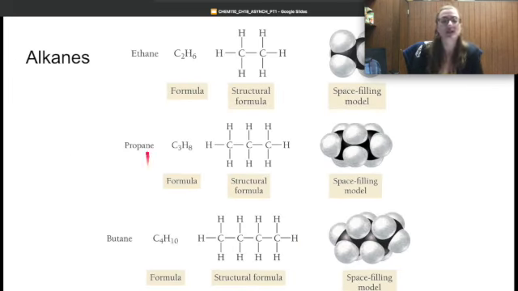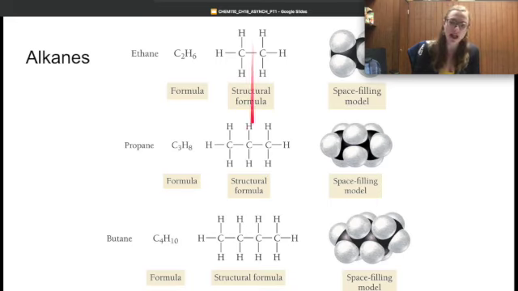But you can see that each of these fit that formula where it's C to a certain number, H to the 2n plus 2 of that number, right? So here we have C sub 3, so we would have H to the 2 times 3 plus 2. 2 times 3 is 6, plus 2 is 8. Checks out. So propane, ANE, we can see that that would be an alkane by the name. We have the chemical formula that properly fits.